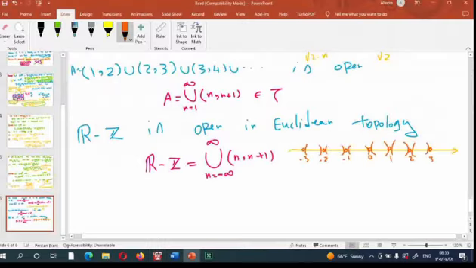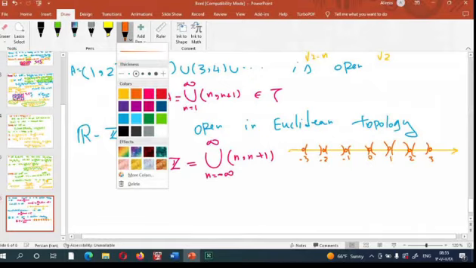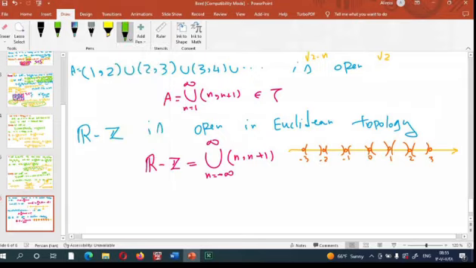Neighborhood. So, for example, you can write that the interval one three is a neighborhood of, for example, 2.